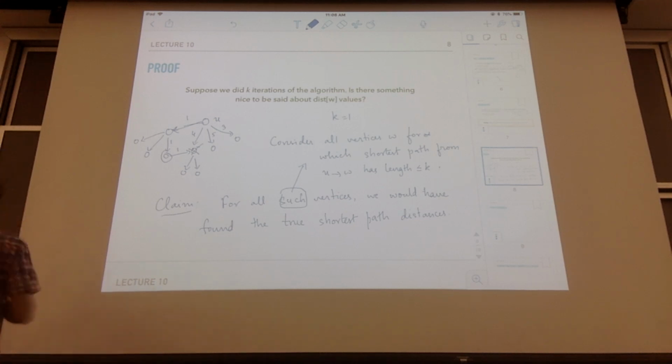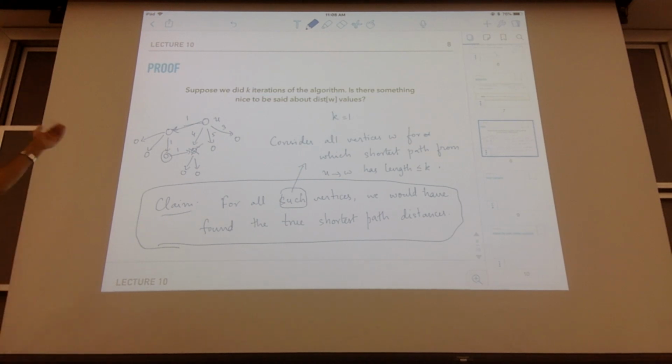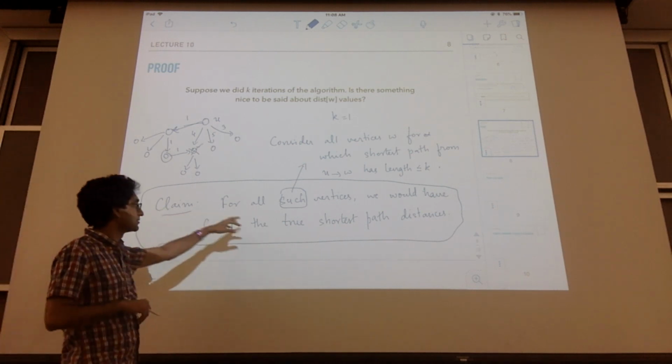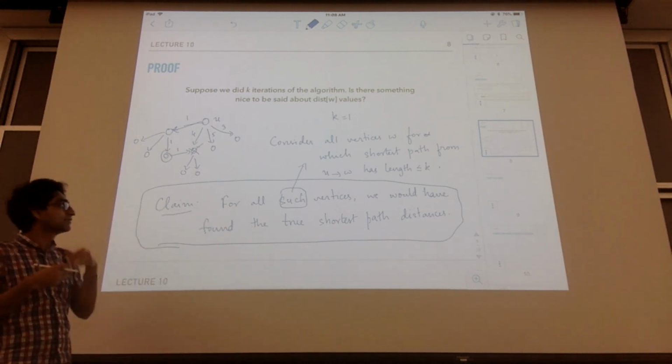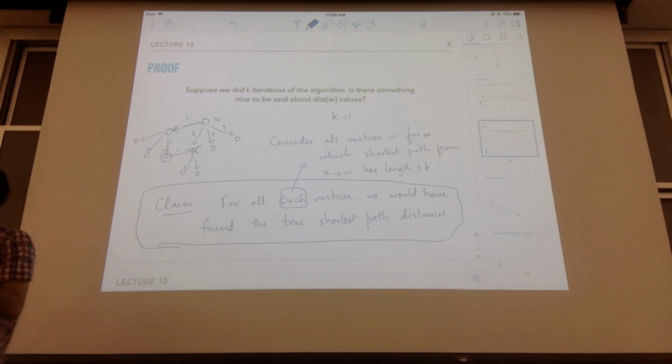So that's what we're saying. All right, and this is now a clean statement that we can prove by induction. Right, so we want to say that after k iterations of this algorithm, you would have found the shortest distance to all vertices whose shortest path length is at most k. So how would you prove this?